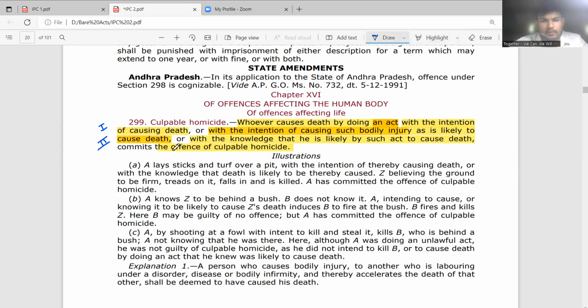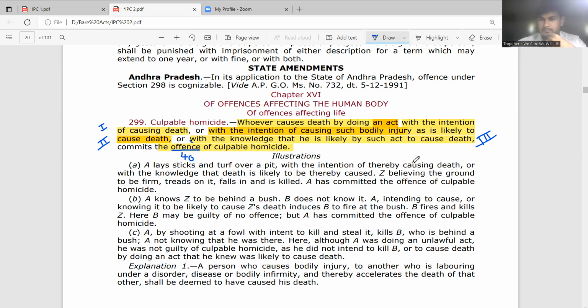Where is offense defined? Section 40. And from here we have the third part of section 299.